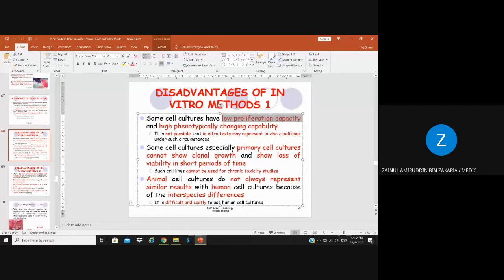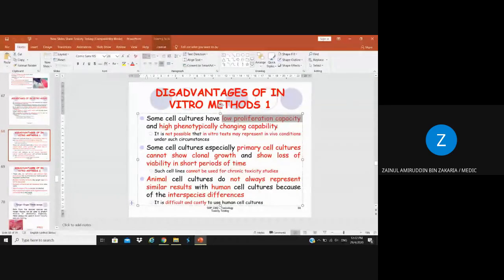The first cell, if exposed to your substance, can be killed more easily, but after you let them proliferate for several days, because of this changing capability, the cell is not functioning as it is supposed to. That's why some in vitro tests may not represent in vivo conditions.